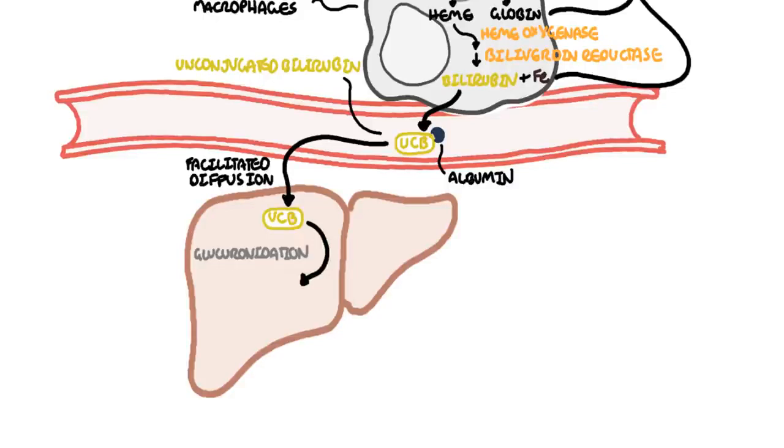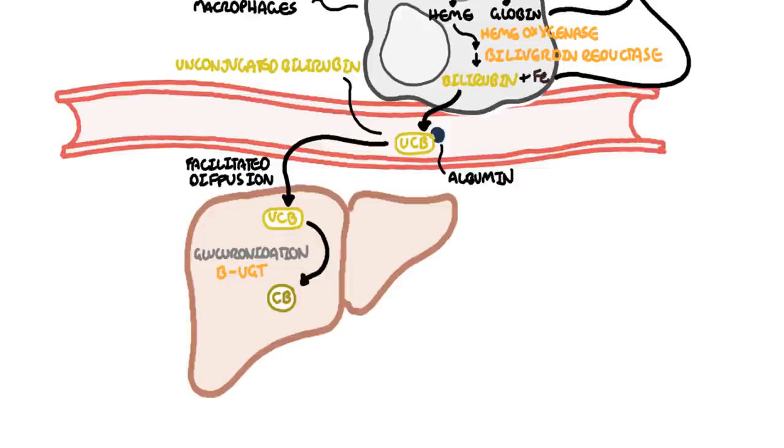Glucuronidation is carried out by a family of enzymes called uridine diphosphoglucuronate glucuronyl transferase, or UGT. In the case of bilirubin, it is bilirubin UGT. The unconjugated bilirubin is now conjugated bilirubin and is water-soluble.